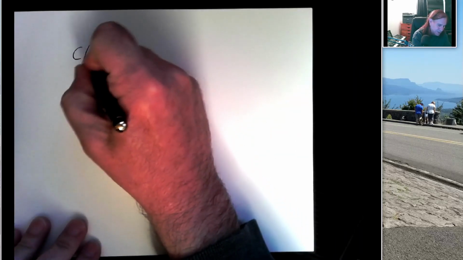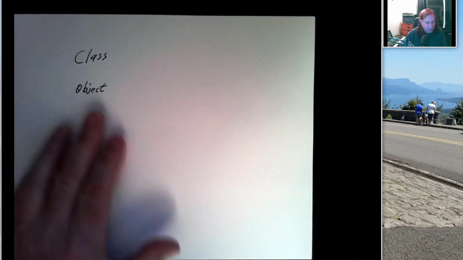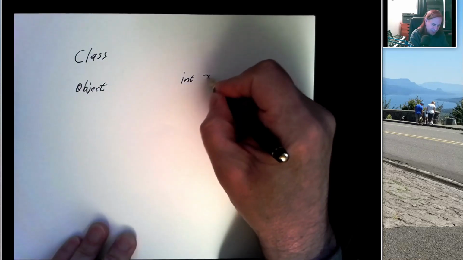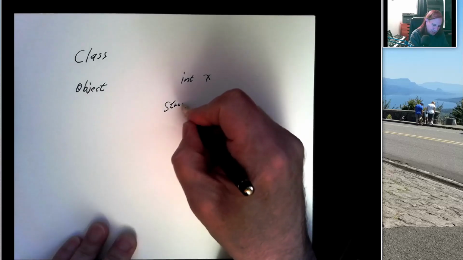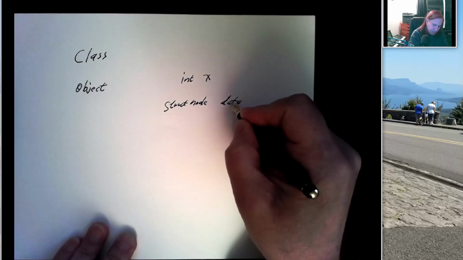So Java is object oriented, and there are two words to get squared away on up front. There's the notion of a class and an object, and these are related but not the same thing. Objects are like variables, and classes are kind of like types of variables. So if we say something in C like, int x, or struct node data, right?